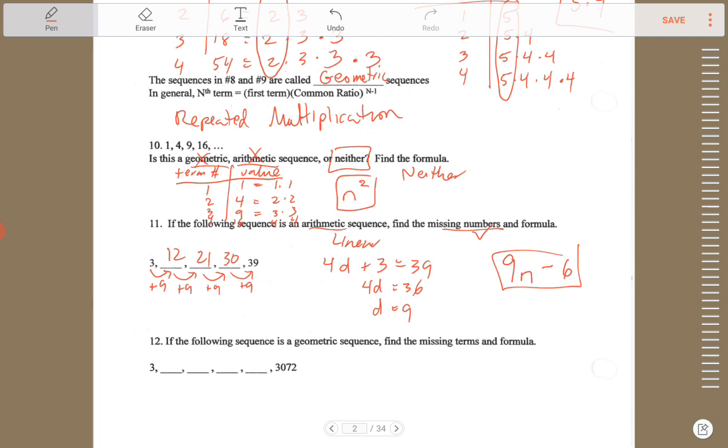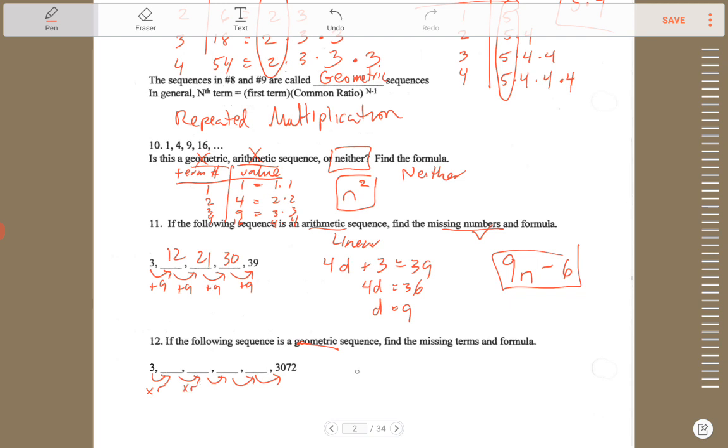Number 12. If the following sequence is geometric, find the missing terms and formula. Just do this the same way. Remember, it's geometric, which means we have to multiply by some amount every time, repeated multiplication, until we get to the value of 3072. 1, 2, 3, 4, 5 times? We have to multiply something 5 times. Because we're multiplying, it's going to be multiplied by some common ratio.